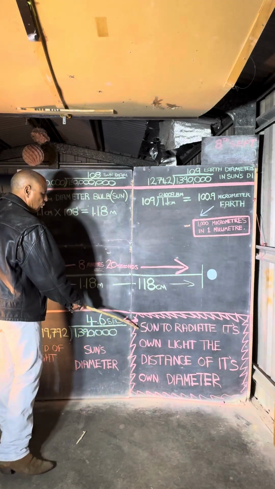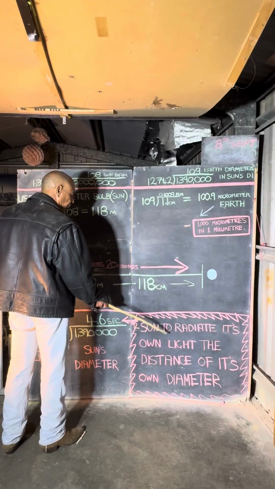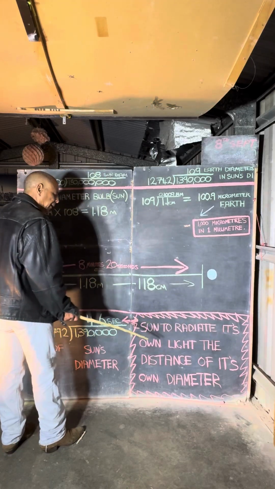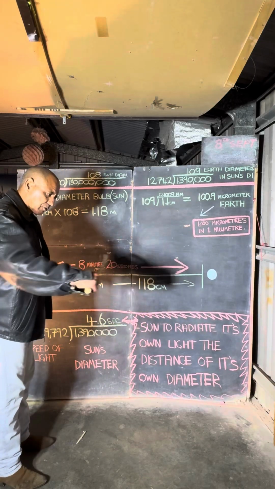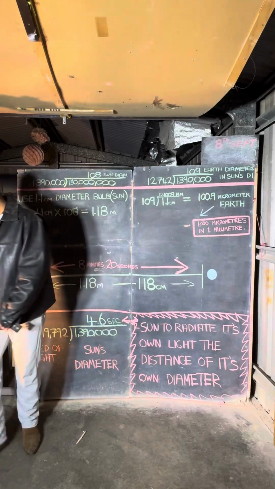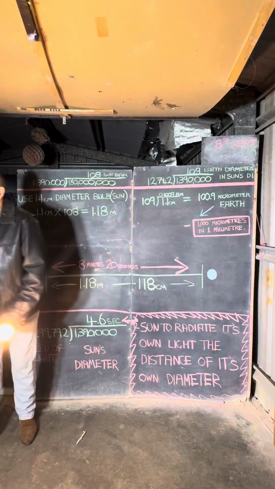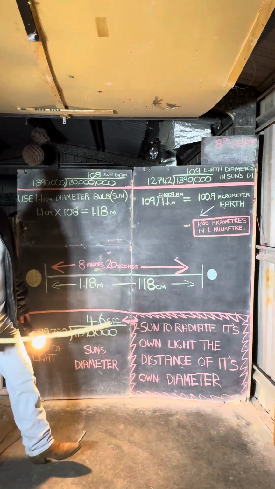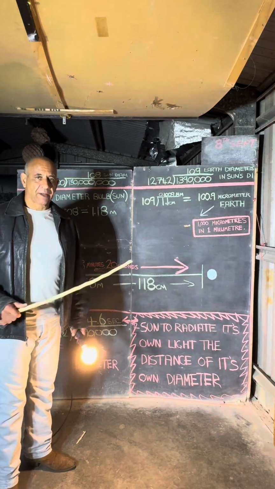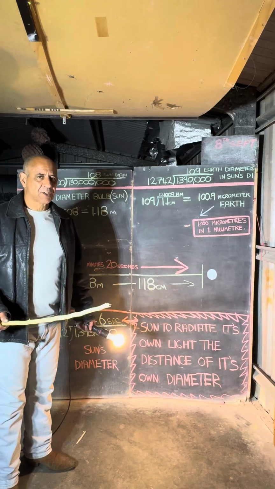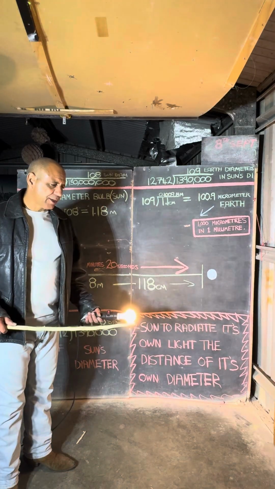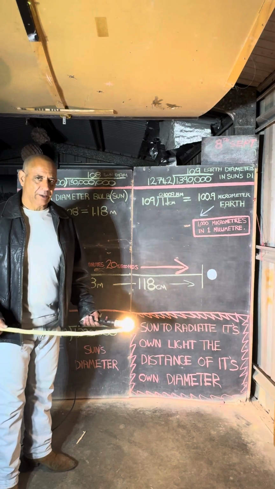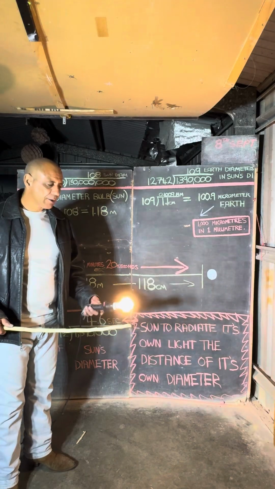It takes 4.6 seconds for the sun to radiate its own light the distance of its own diameter. This right here should be the end of it, right? It should be the end of it. Nothing takes 4.6 seconds to radiate anything its diameter, right?